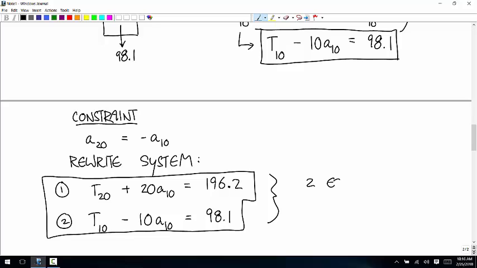Now this is two equations for three unknowns, but we've already used up the constraint equation. So we need another relationship, and where's that going to come from?